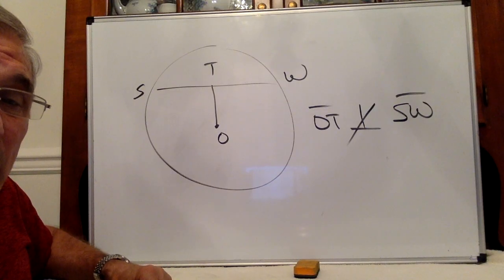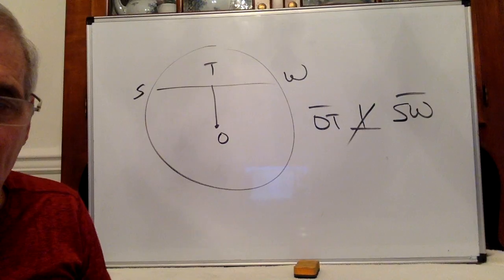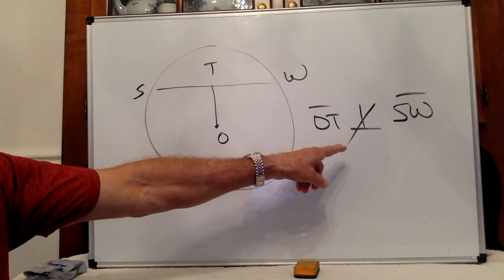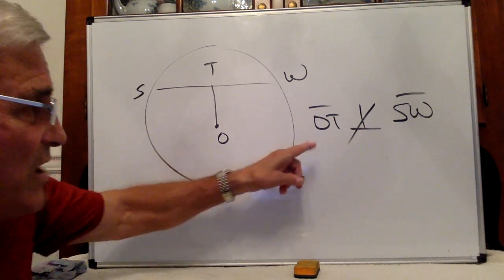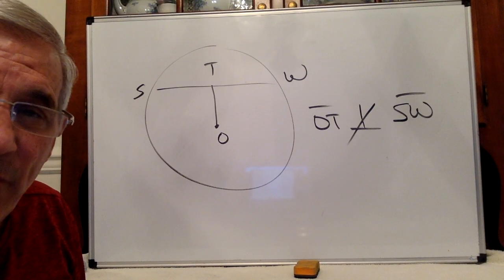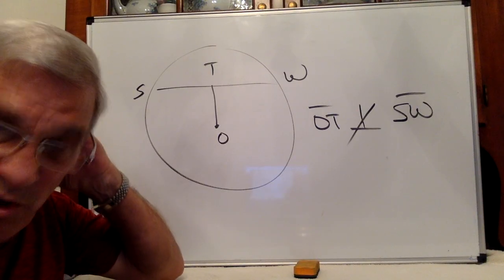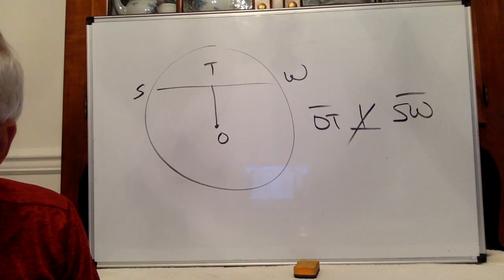So in this particular problem, I cannot say that any angles are right angles. I don't know. They may be. Well, actually, in this case, they are not. Since they're telling you that OT and SW are not perpendicular, then you know for a fact that they do not intersect at right angles. So in this figure, there are no right angles. I hope that makes sense.